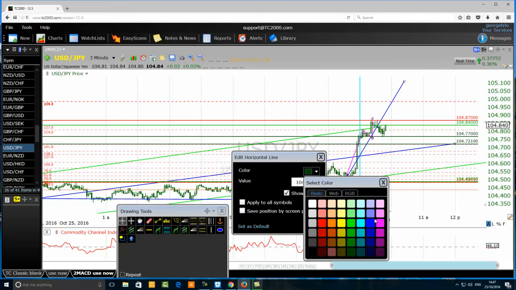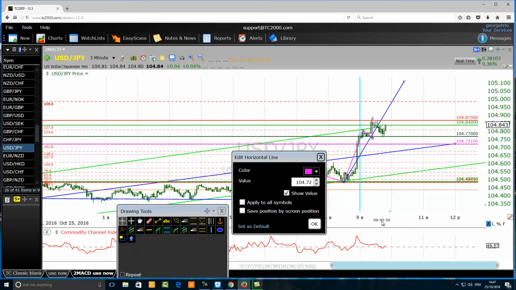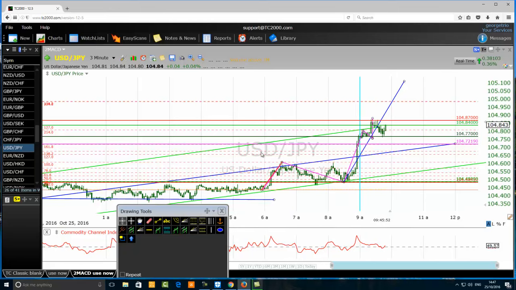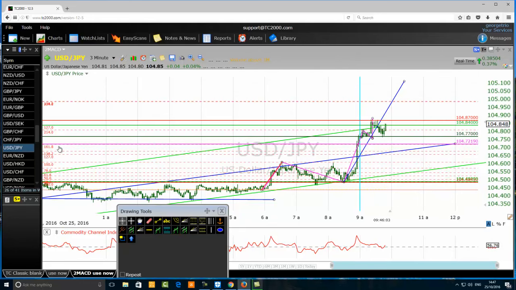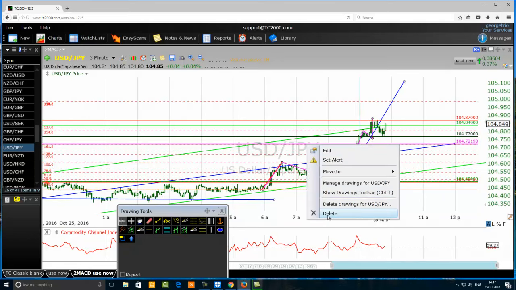Therefore, we have an extended third Elliott wave. Yes or no? We have an extended third Elliott wave because the price breaks above the 161.8% Fibonacci extension level. All right. So this is the 161.8% Fibonacci extension level of the first wave. Going to remove that line.